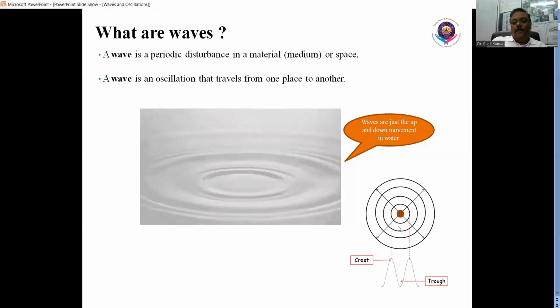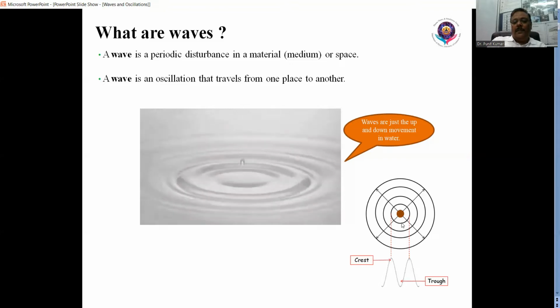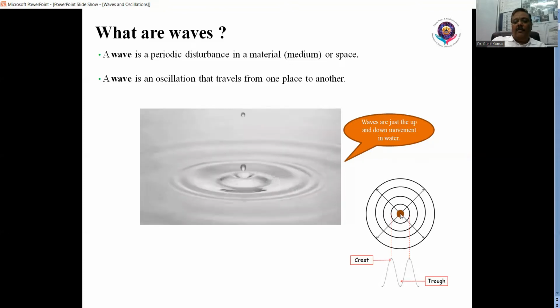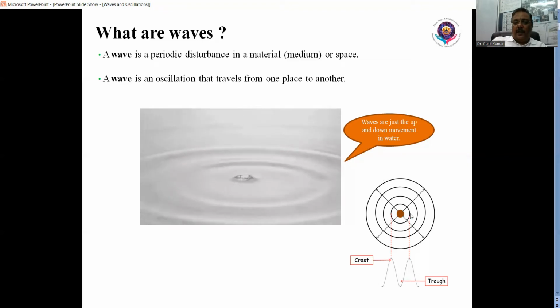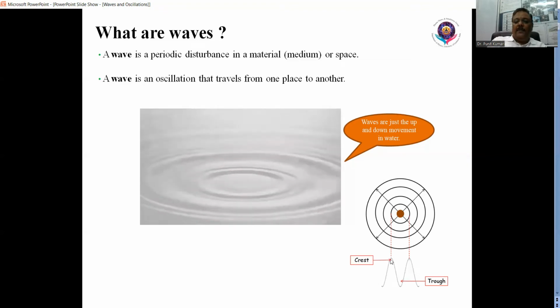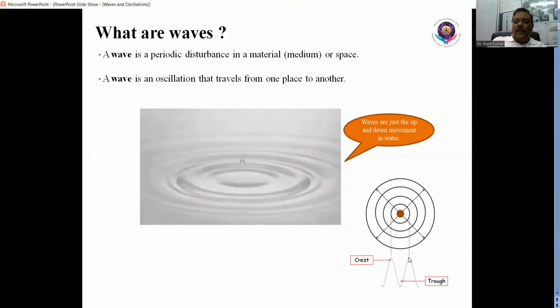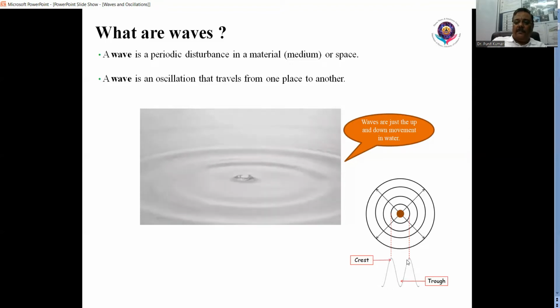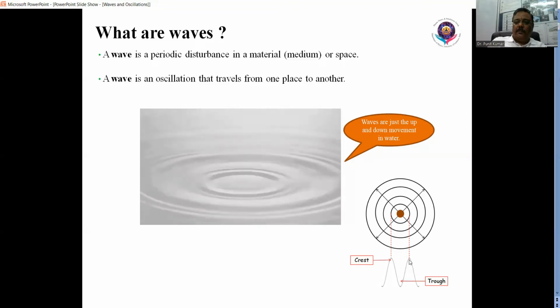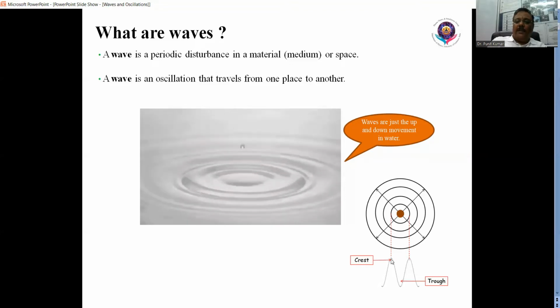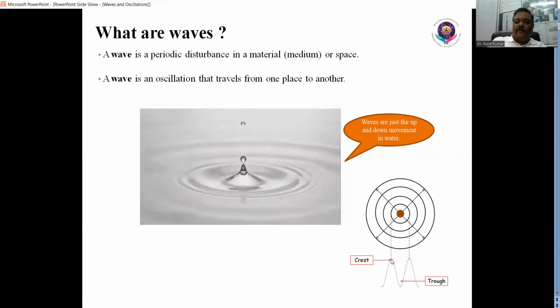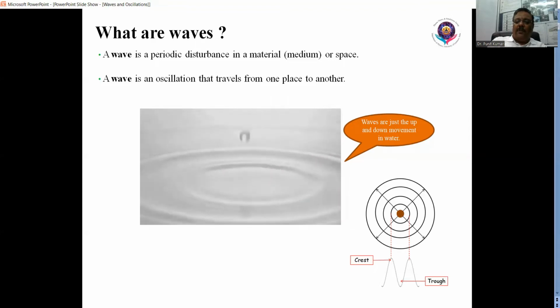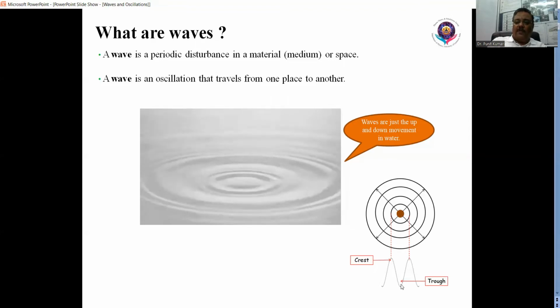The two ends of the circle represent the two maxima, and the diameter of the circle is the wavelength. The points of maximum displacement are called crests, and the center, which is the point of minimum displacement, is called the trough.